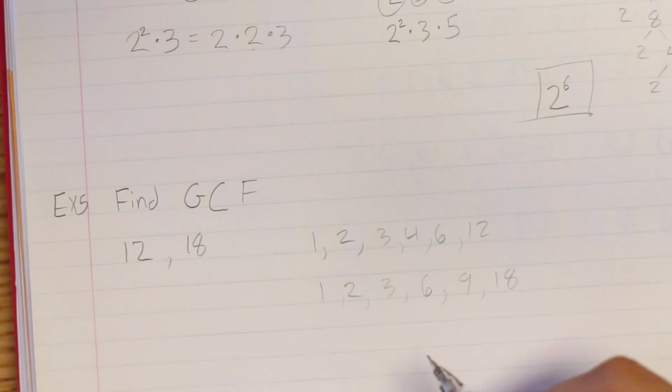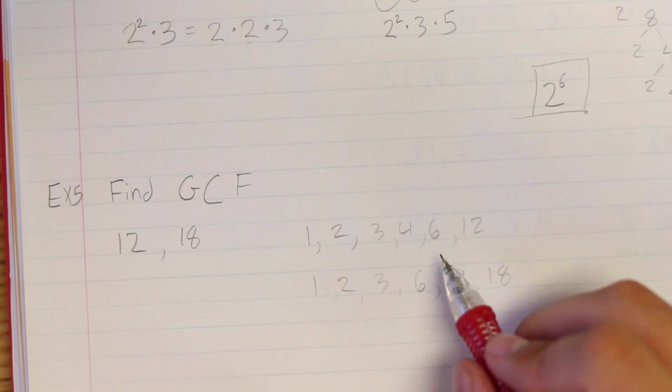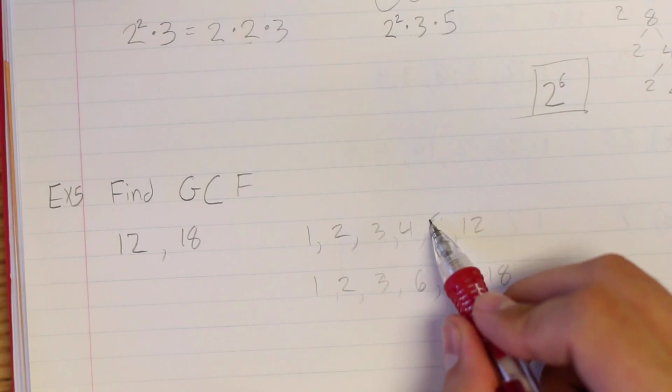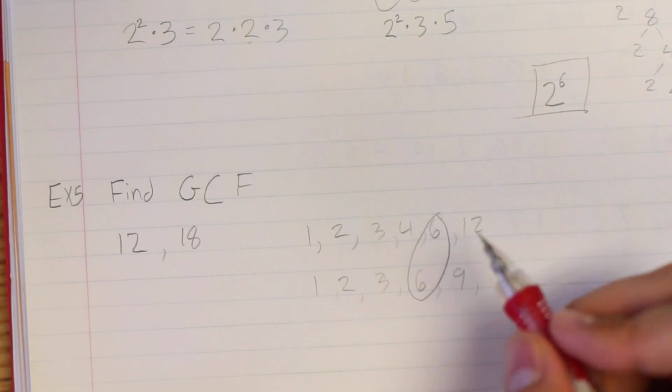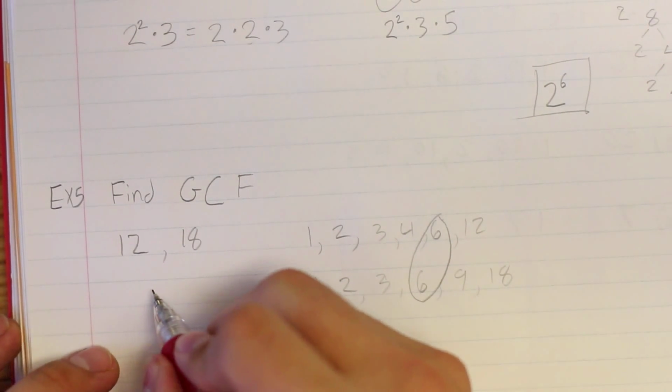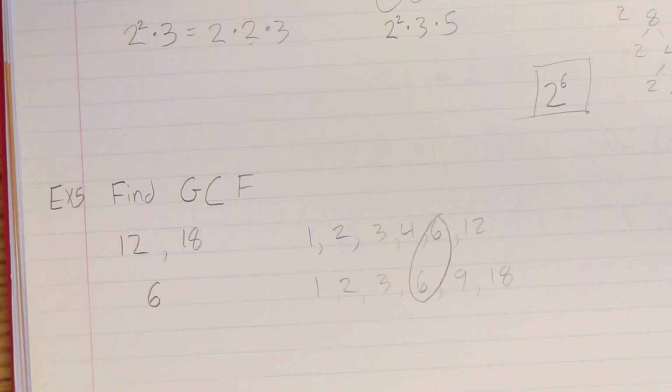So you've got those, and so what's the biggest number they have in common? They both have 2's in common, they both have 3's in common, but the biggest number they have in common is 6, okay? 6 is the biggest number that they share in common, all right? So the answer for this would be 6, okay? And that's one way you can do greatest common factor.